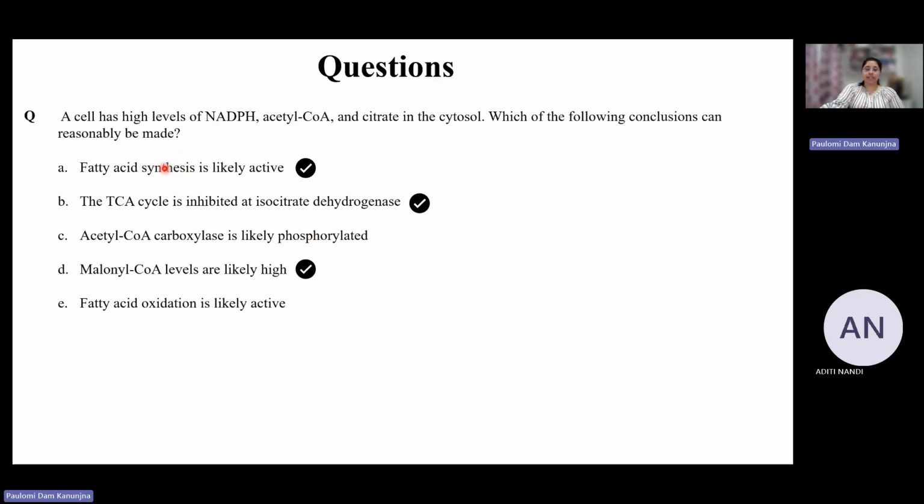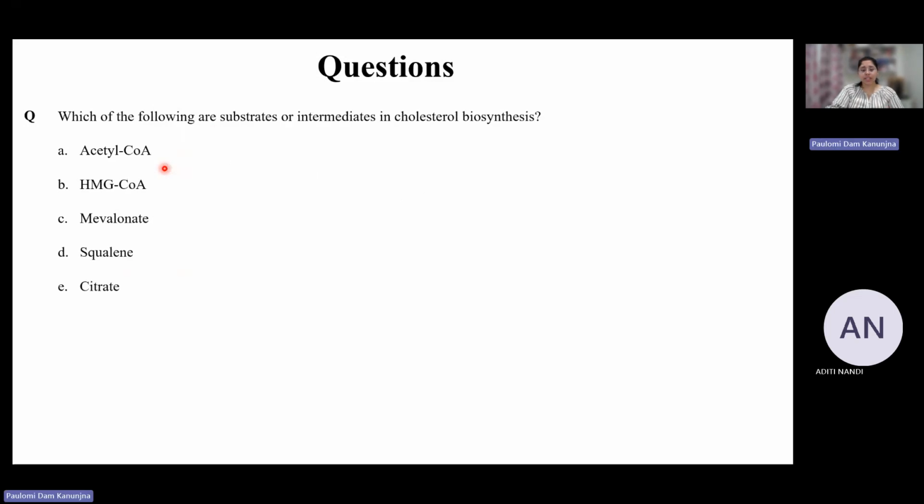Okay, all right. The last one is again a very, very simple question. It just asks which of these are intermediates of cholesterol biosynthesis. We haven't discussed cholesterol biosynthesis, but in case it comes up, I thought I'd put it as a question just for you to know which of these are part of cholesterol biosynthesis.